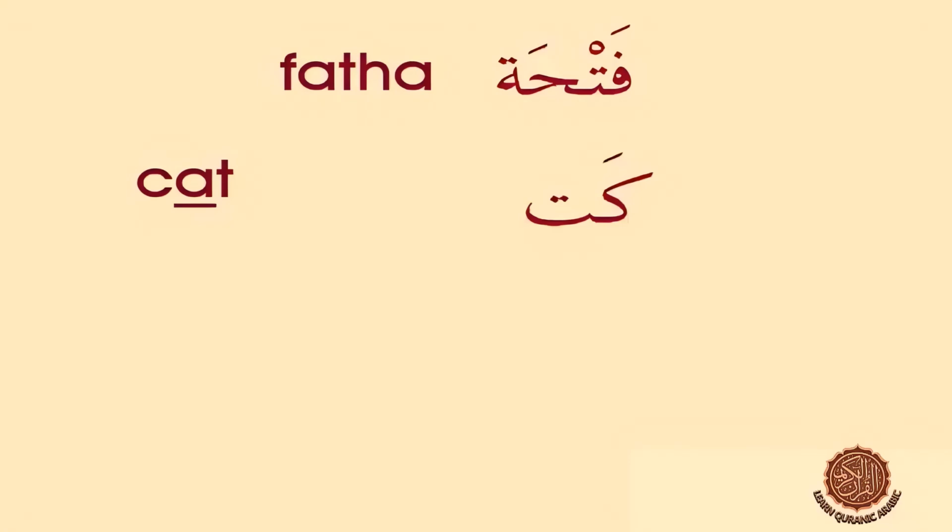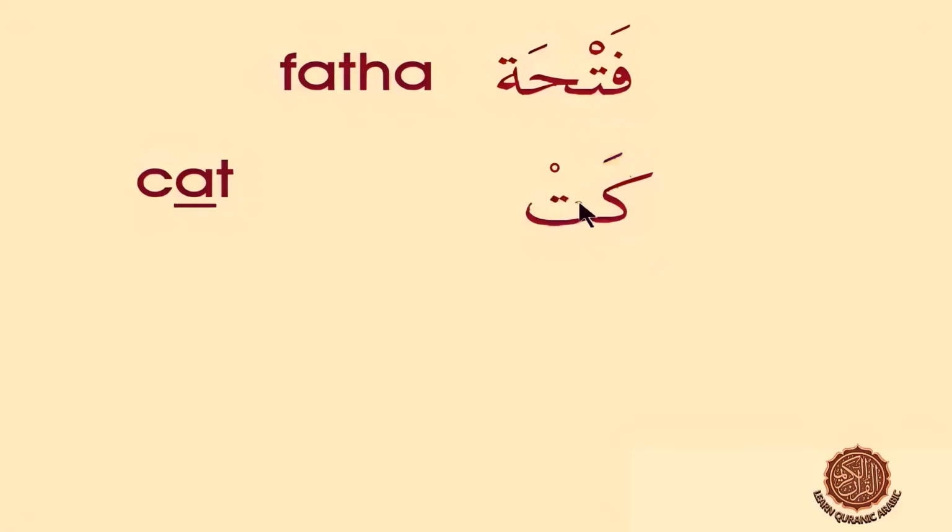So we have here the kaf, which has the k sound, like the K in English, with a fatha on top, followed by a ta. And that ta would have a sukoon. We'll speak about this in a future lesson, inshallah. But the way you pronounce this is quite straightforward. It's one syllable. It's cat.